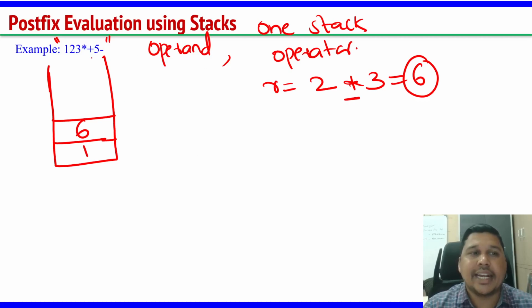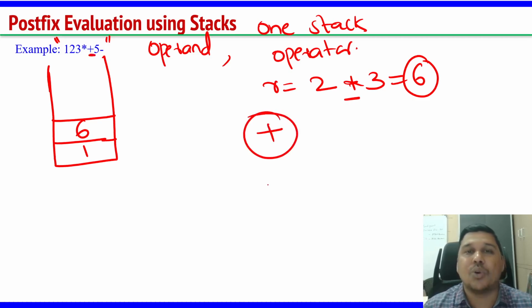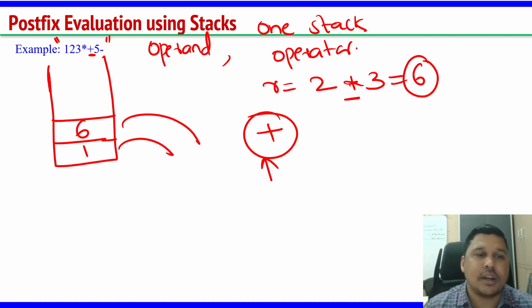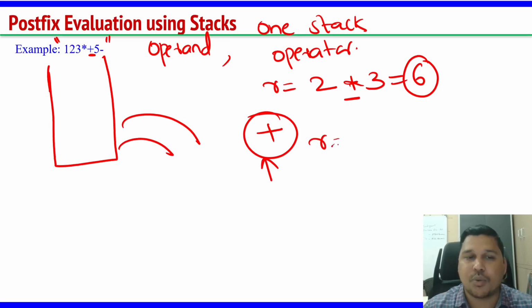Next, again iterate over the string. Next one is again an operator, plus. What is the logic here? If it is an operator, pop out the top 2 elements and apply the operation plus. So you remove 6 and then remove 1, and my stack becomes empty. Apply this: result equals 1 plus 6, I get value 7.